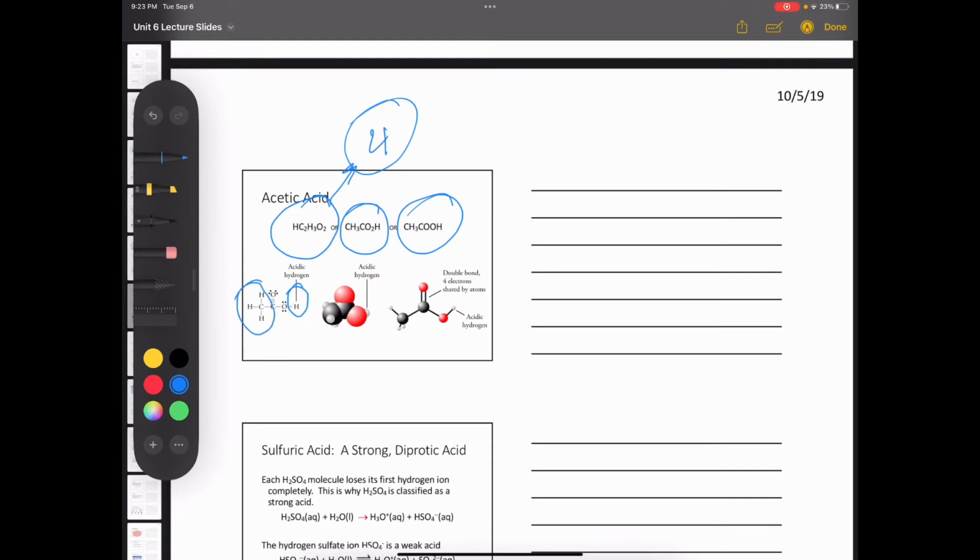The other three hydrogens are not involved at all with the acid properties of the acetic acid. So in some books you will see the acetic acid written this way to indicate that this hydrogen right here is the acidic hydrogen. I personally like to write it this way, because this one also indicates the acidic hydrogen. Okay?